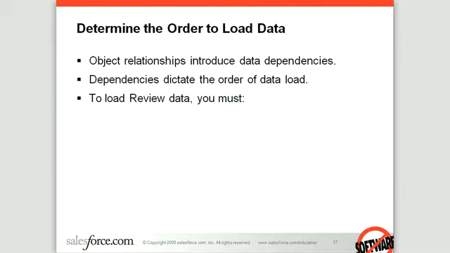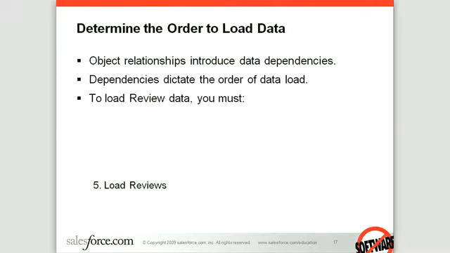If we're going to be doing some data migration, we could not load in something like a review first, because the review has a reference to a unique job application.